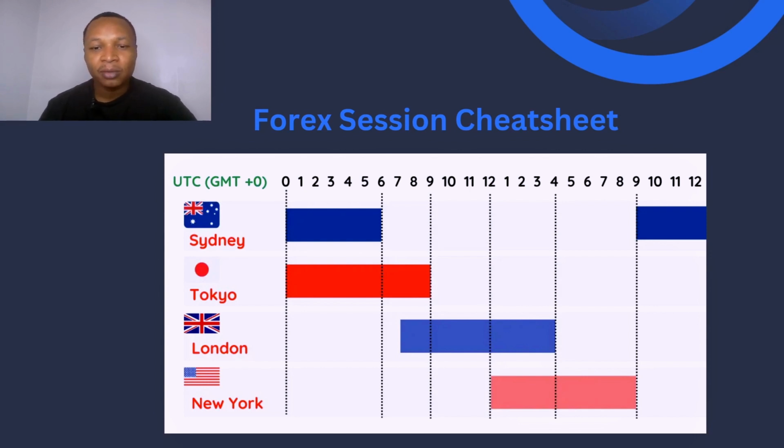That's just a random example. So you should know your own time zone and find out which session you should be trading. If you don't know that, you can type your time zone in the comment section, and I'm going to tell you the trading sessions that you should be trading.